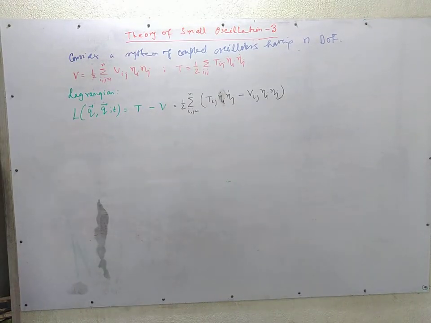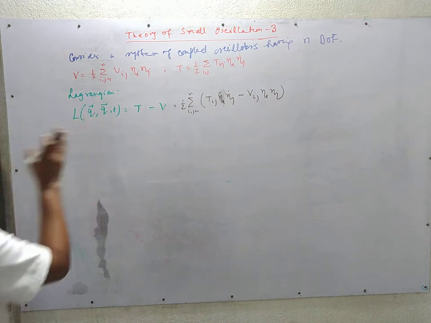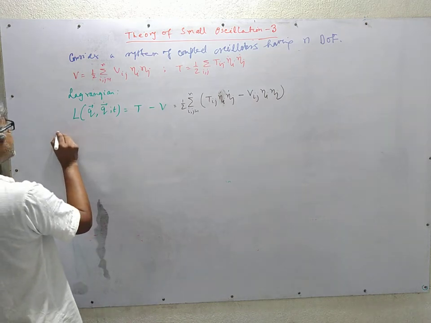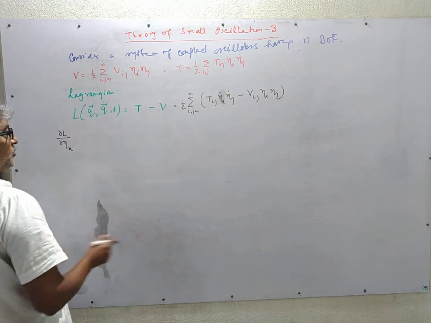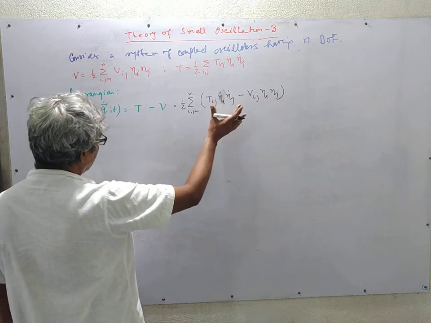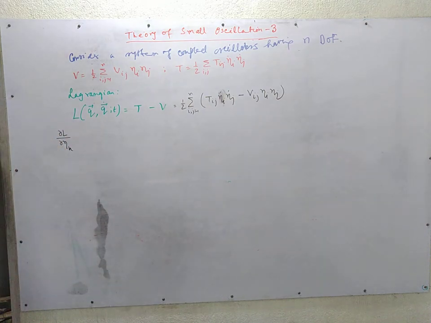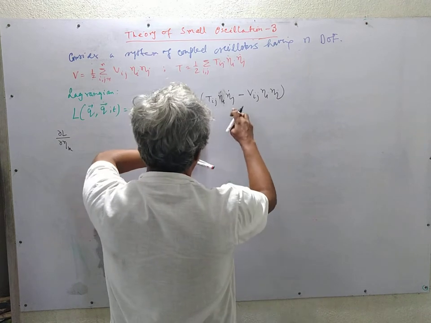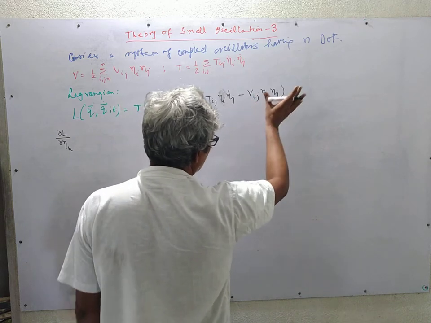We recall that to write the Lagrange's equation, we need to differentiate it with respect to generalized velocities and generalized coordinates. So differentiation del L del eta k. This part is no more undergoing differentiation, because T_ij are the quantities referring to the stable equilibrium position, so these are constant for a given system. So this part is not acted upon by differentiation with respect to eta k. Differentiation goes over here.